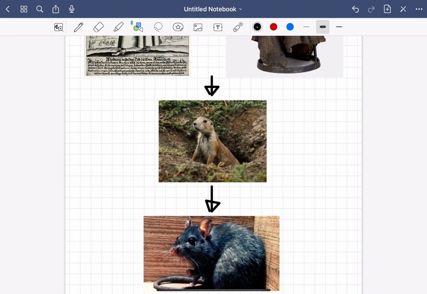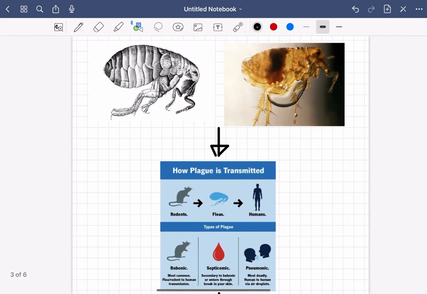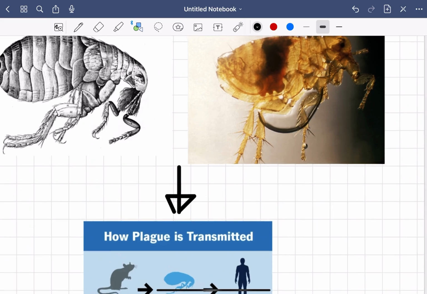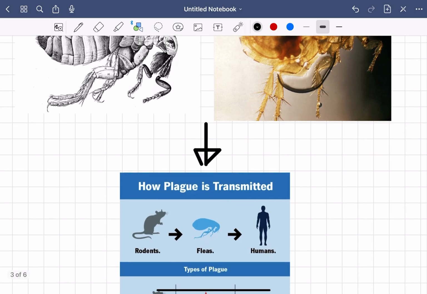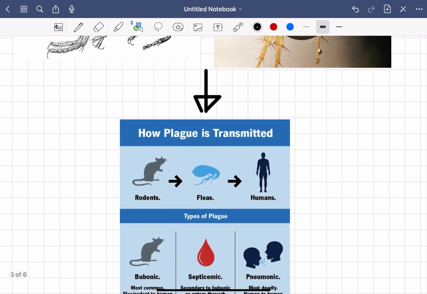However, these rodents are the primary host. The fleas that then get onto them are not immune to it. So what happens whenever they get onto the rodent is that the blood starts clogging up, and as a result they leave that host, and then it can be transmitted over to a human.